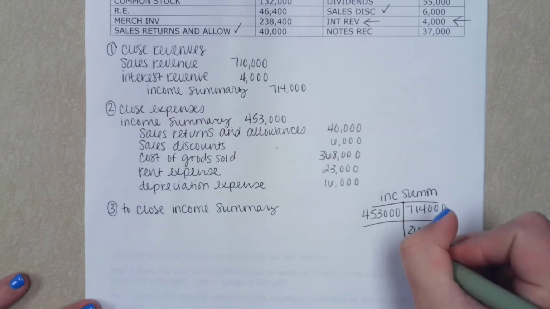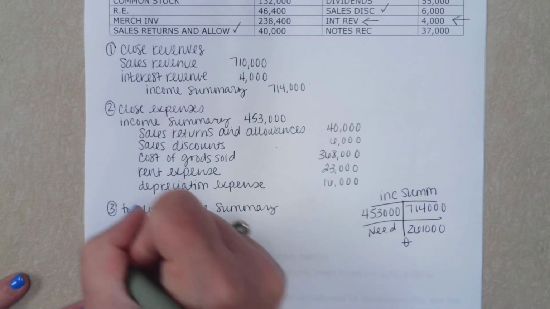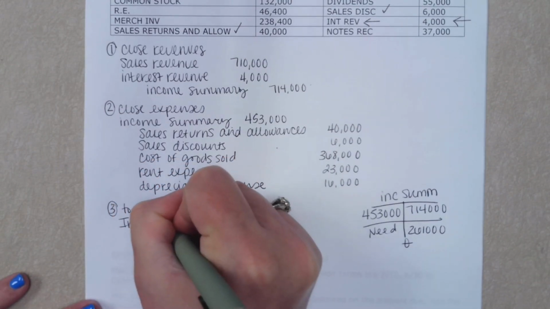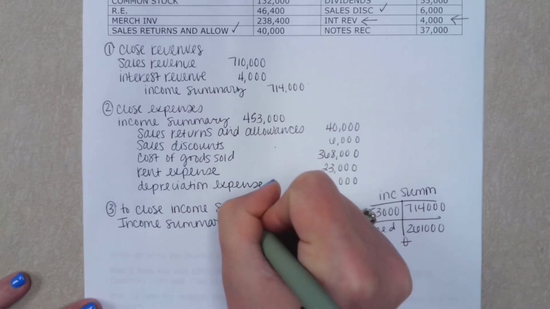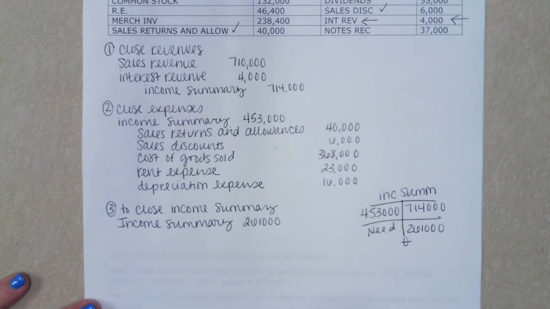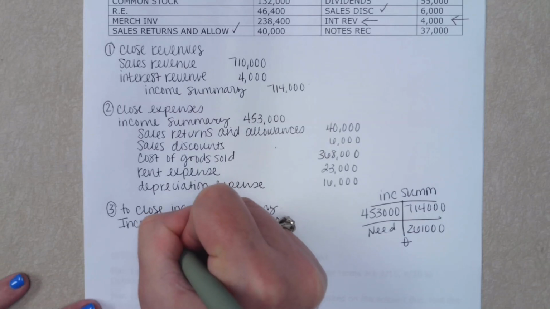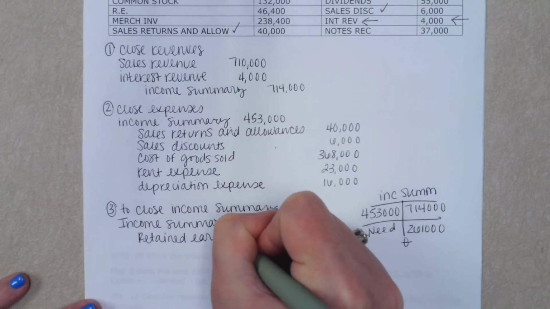So to get this down to 0, we need a debit to fix income summary. So we're going to debit income summary for $261,000. Remember, had it been a net loss, we would need a credit. And our offset follows the statement of retained earnings, so our credit is retained earnings.